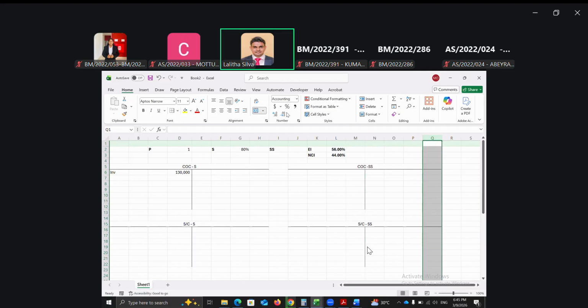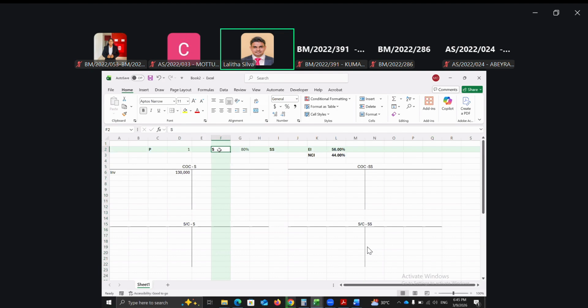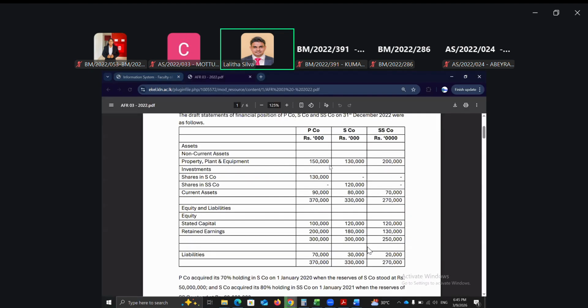Then the second investment is made by whom? The second investment is made by entity S. Now, when it comes to the second investment, who owns this investment?